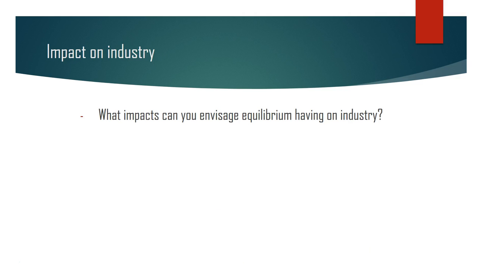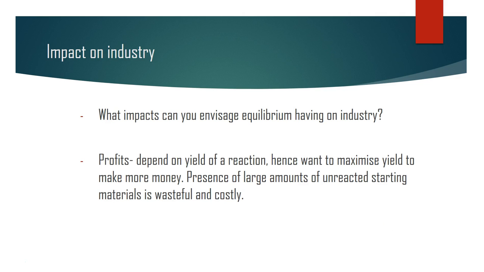Essentially, what this means for industry is that we need to know the conditions under which we can get the maximum yield. Industry is all about money. If we have a reaction that reaches equilibrium before we have much product being made, it's not going to be really good. When we talk about yield, we're talking about the percentage of the product that we get compared to the theoretical, our pure stoichiometry calculation.